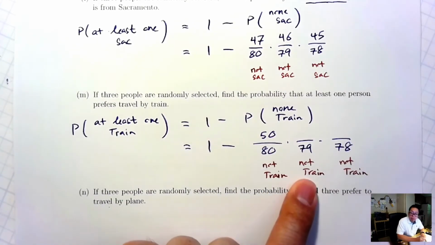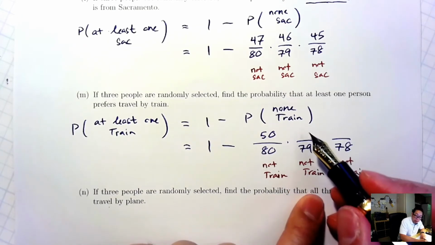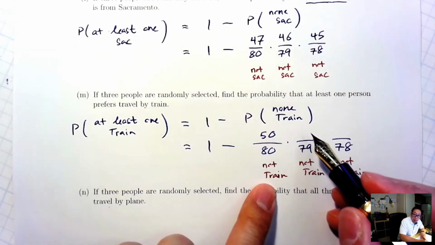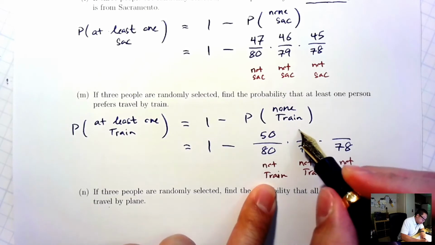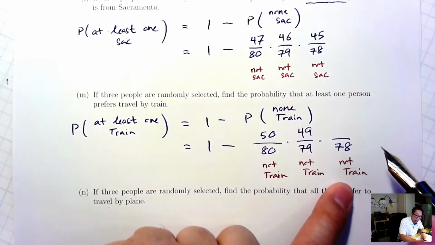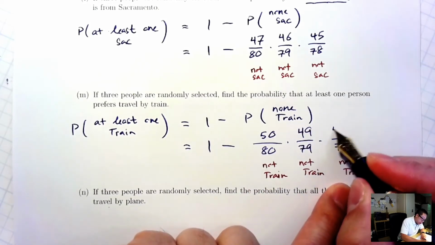Okay, second fraction, also not trained. But keep in mind, we already have not trained already, so we should be down by 1. 49. And then once again, for the same reason, down by 1 again, 48.